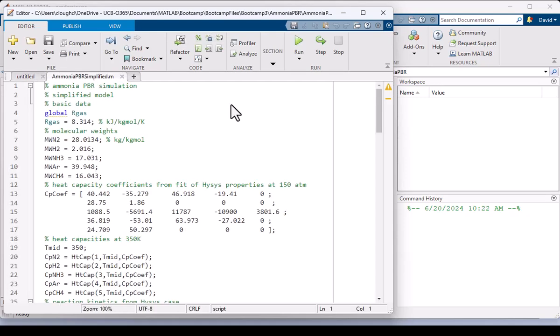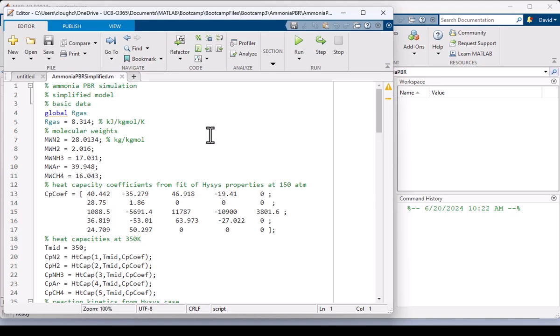Okay, so now we're going to see how we move through somewhat systematically, again establishing our basic data and then setting our operating conditions, and then moving forward to solve the model, mainly solving those two differential equations.